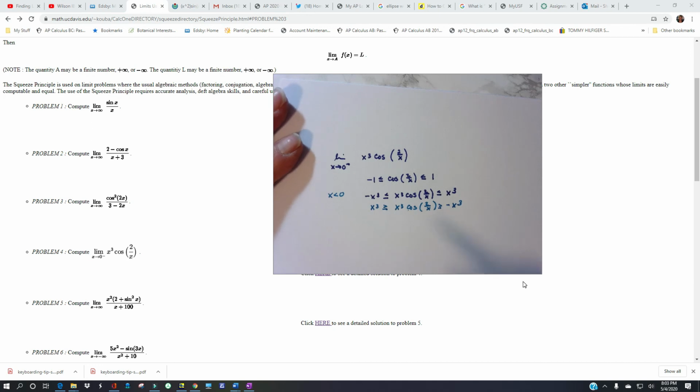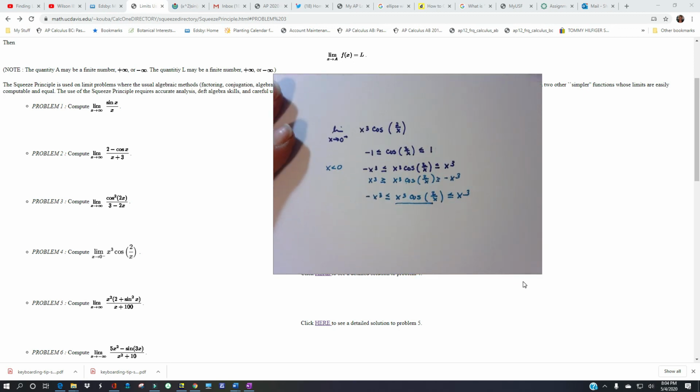Now I'm going to rewrite this like so. My middle piece matches what was given. So now I'm going to take the limit. The limit as x approaches 0 from the left of negative x cubed, well, that's 0, right?